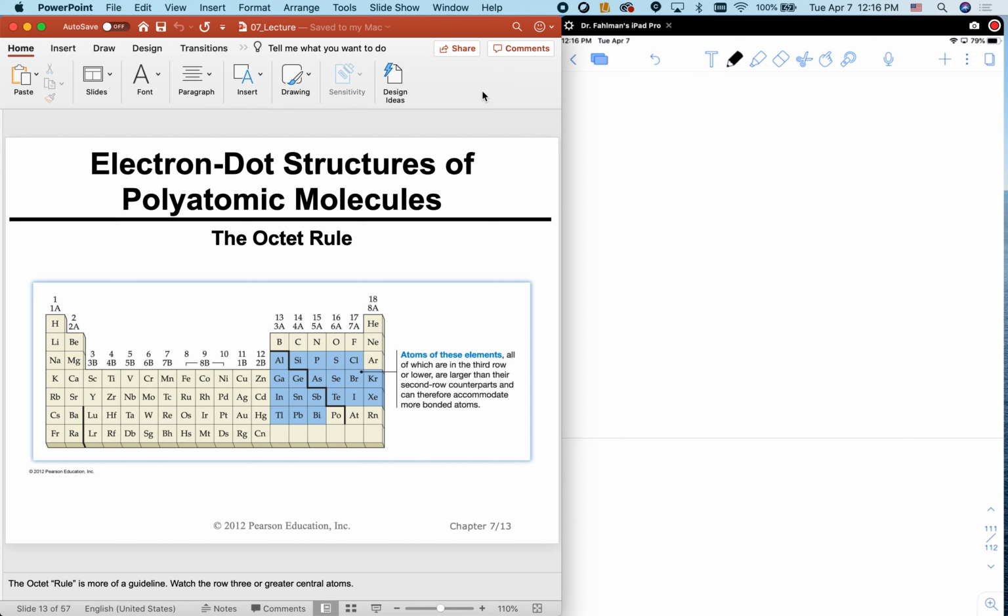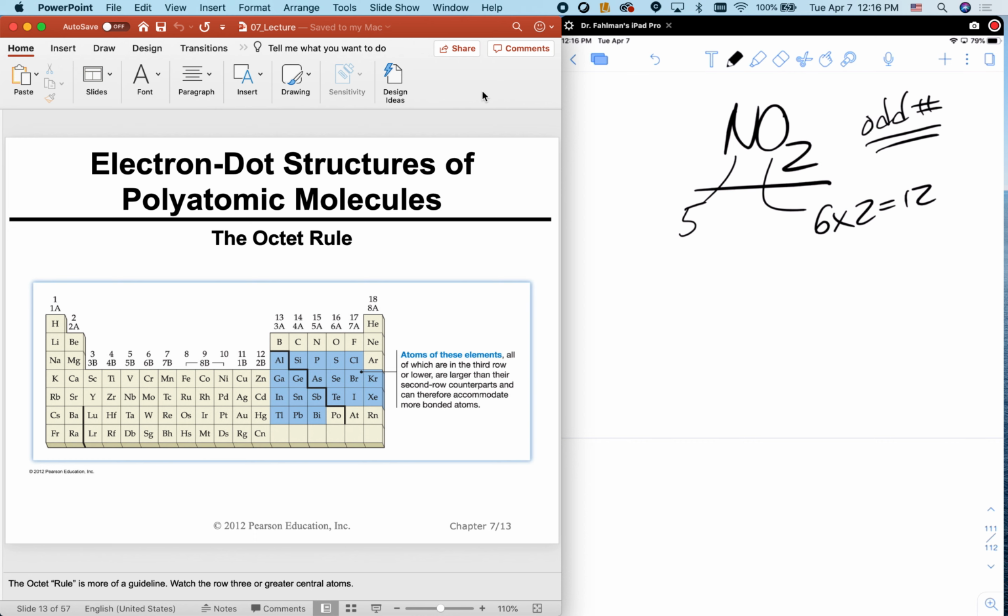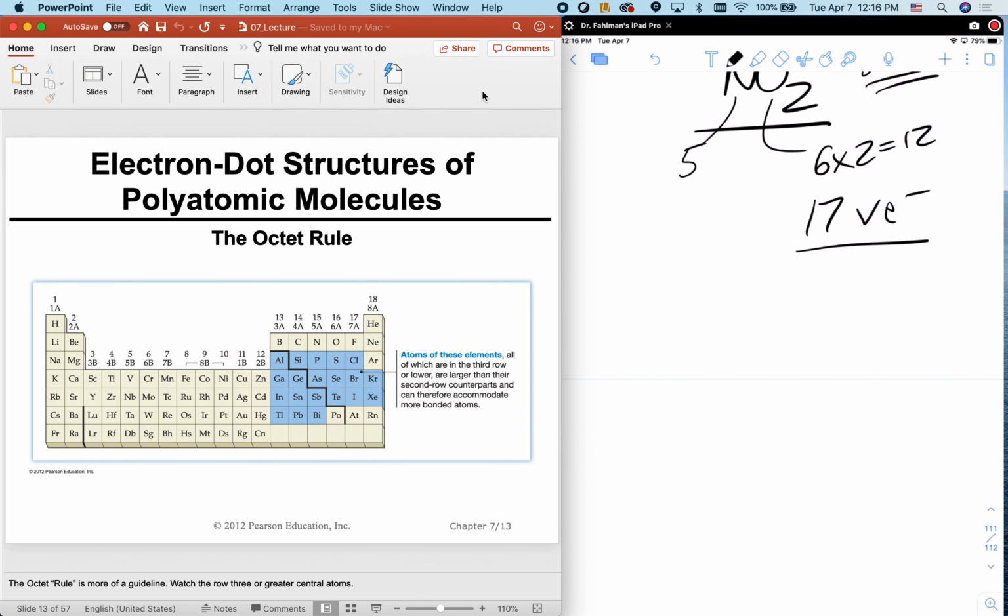Okay, so the only other one I want to go through today is NO2. So again, another exception because this will give an odd number again. And so if we look at this, we've got 6 times 2 for the oxygens, and then another 5 for nitrogen. So now we've got 17 valence electrons. So let's draw a possibility here.